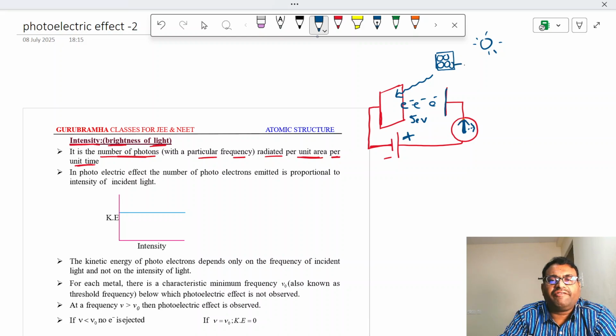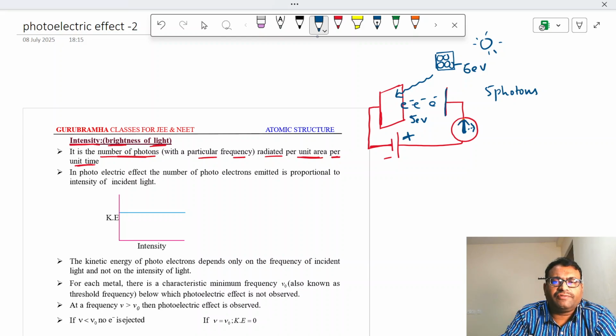Each photon is having 6 electron volt. Now you say, how many electrons will come out from the metallic surface when these 5 photons fall on this metallic surface? So how many? 5 electrons will come out.